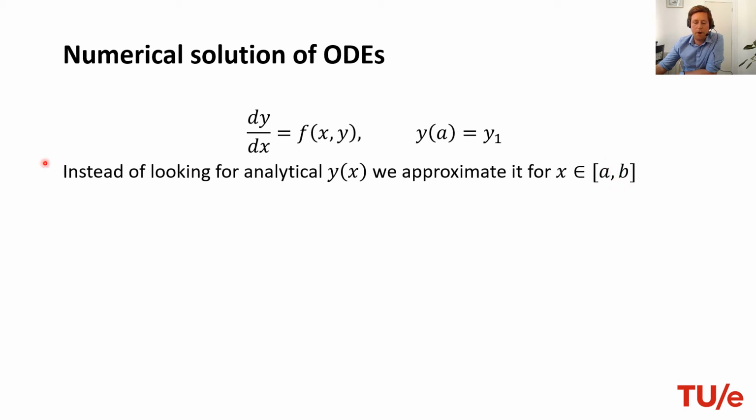So for a numerical solution of such a problem, before we start solving it, we have to say, we want to solve it from x is 0 to x is 10, for example.